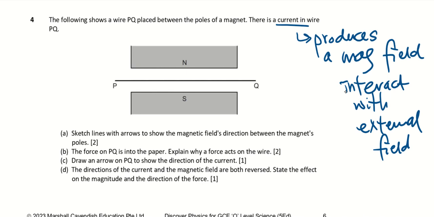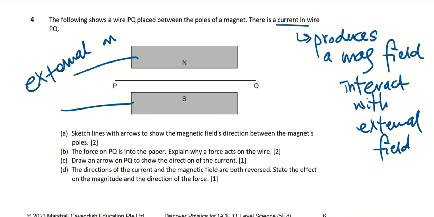So these two are my external magnetic field. Sketch lines with arrows to show the magnetic field's direction between the magnet's poles. So they are asking us to do this. It's going from north to south. Alright, so we have something like this.